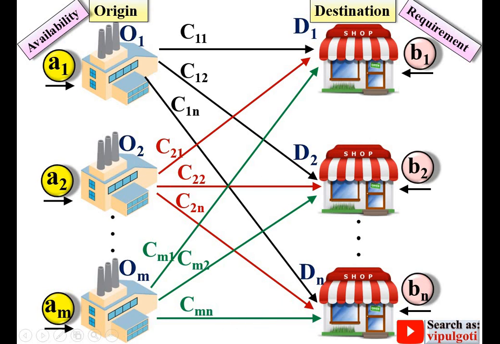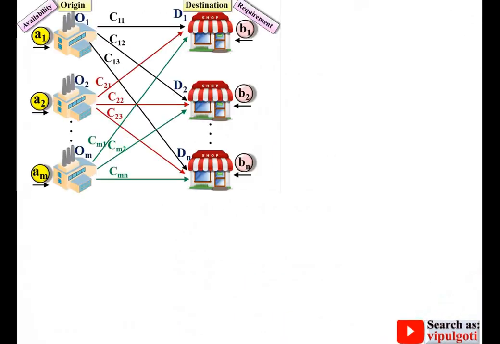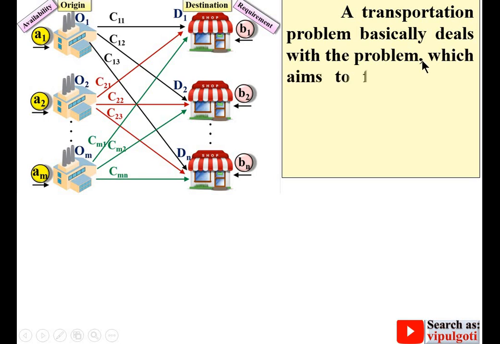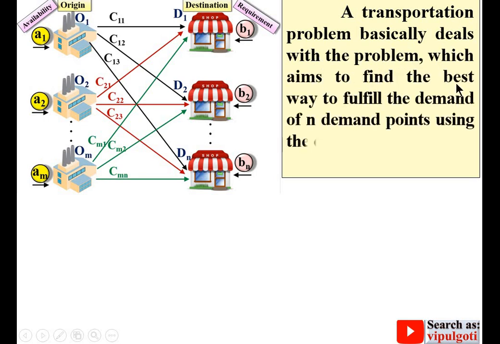So these are the possible ways to transfer the products from the origin to destination. So this is the image that we have discussed earlier. A transportation problem basically deals with the problem which aims to find the best way to fulfill the demand of n demand points using the capacity of m supply points.